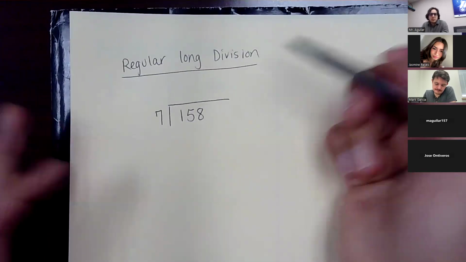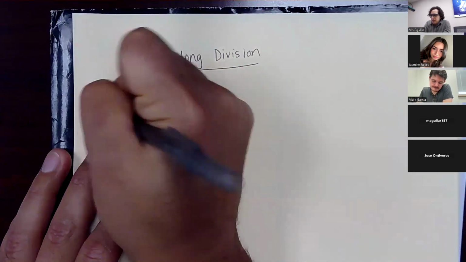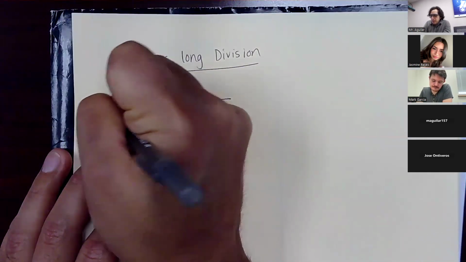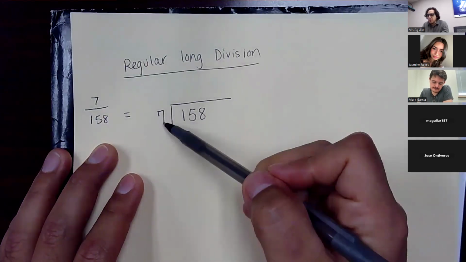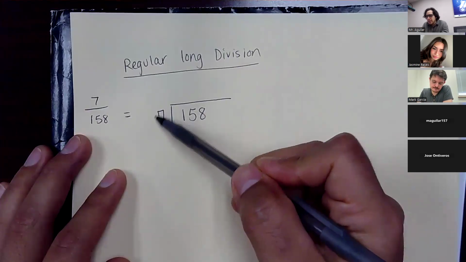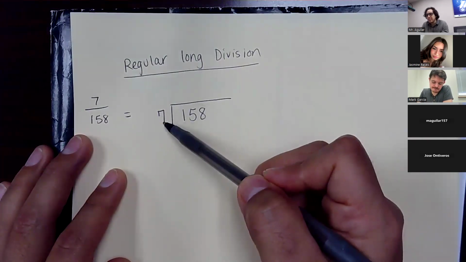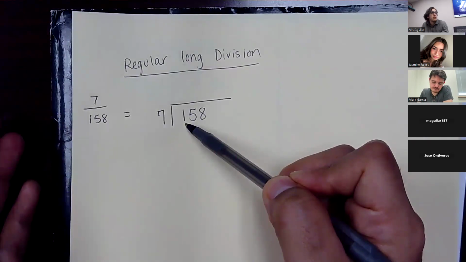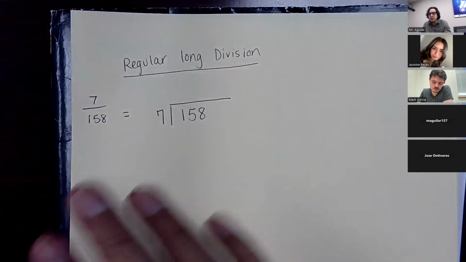When you're doing long division back in grade school, this would be equivalent to 7 over 158, just to write it in fraction form. What you're asking yourself is, how many times can 7 go into each of these place values? How many times can 7 go into 1? And it can't. It's too big. So sometimes we leave a blank there.